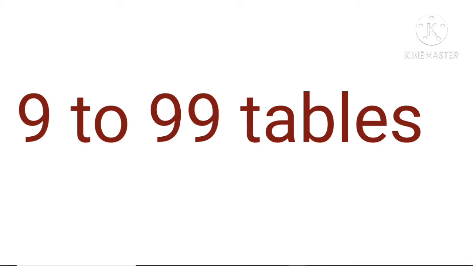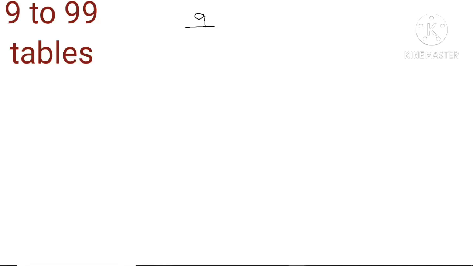So the 9 table, basically what to do, you write 9. So you have to remember how to start. For the 9 table, you write first 0, 1, 2, 3, 4, 5, 6, 7, 8, 9. So first you write down the tens place as 0, 1, 2, 3, 4, 5, 6, 7, 8.